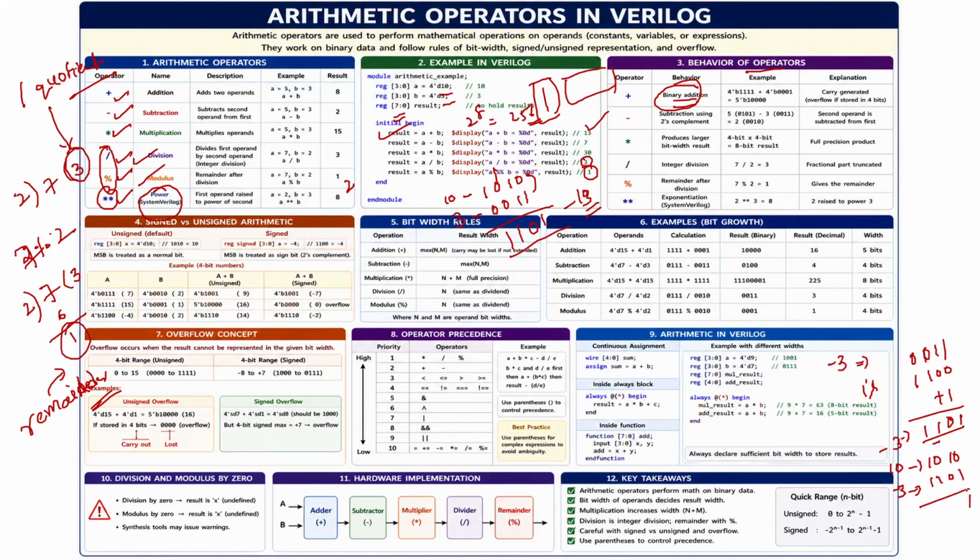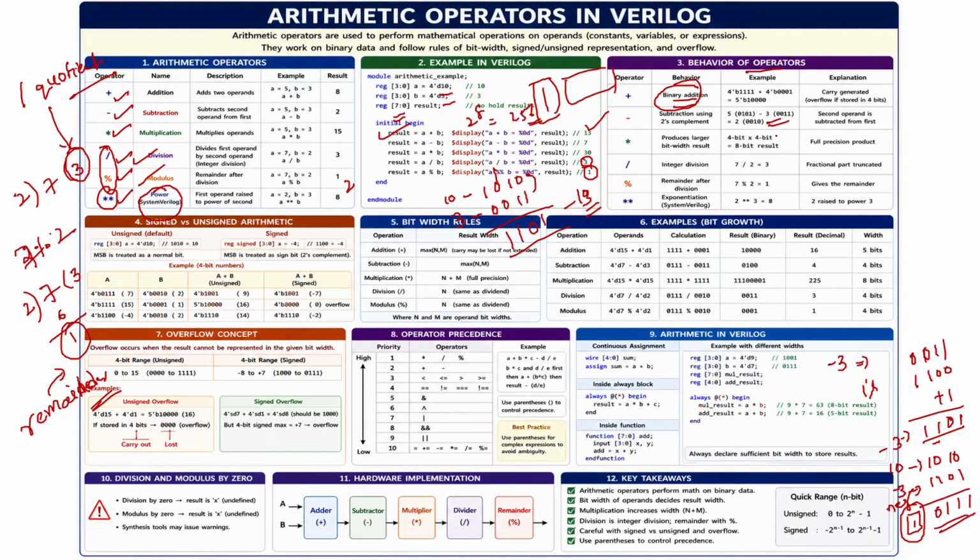So 0 plus 1 is 1, and so on, and the final carry is there. In 2's complement you neglect this carry. So then we get the value 7. In that way we subtract values using 2's complement. Whatever the signed value is, you do the 2's complement, then add it to the normal number, and you get the actual result.